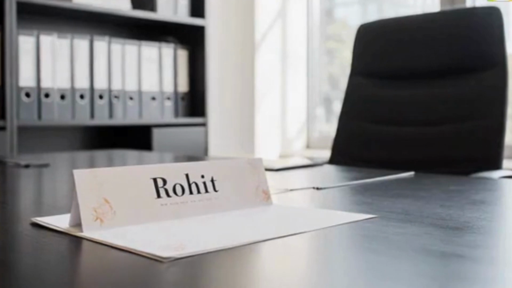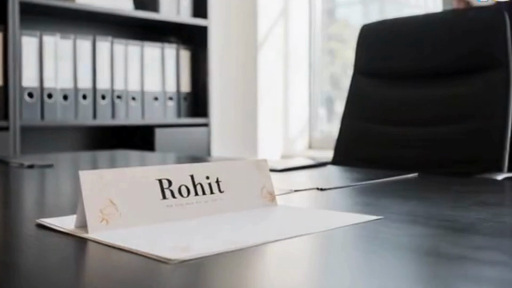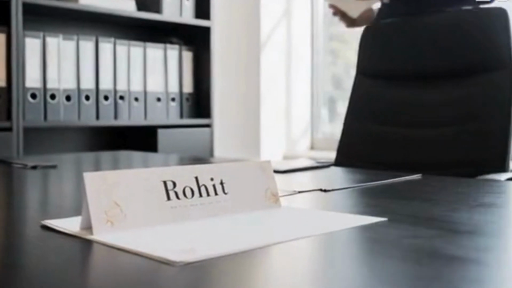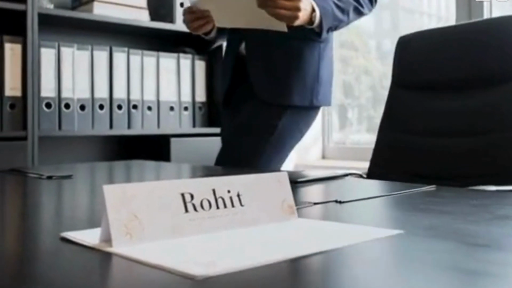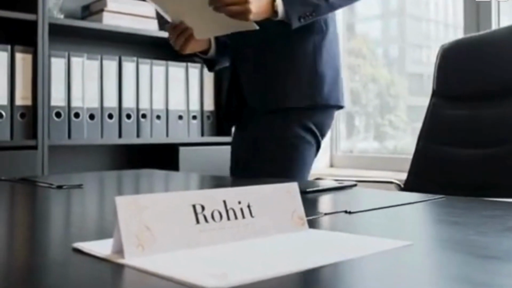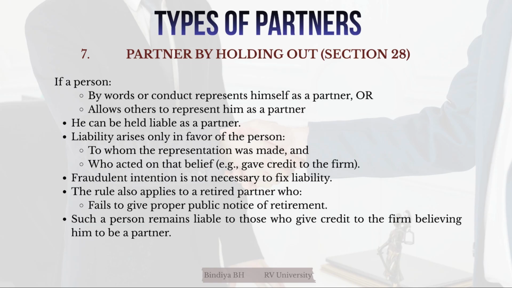Now, a supplier gives goods believing Rohit is a partner. Here Rohit automatically becomes liable to that supplier because he allowed his name to be written on the firm's letterhead. Rohit was actually not a partner, but he only created an impression of being a partner, and therefore Rohit becomes liable to the outsiders.